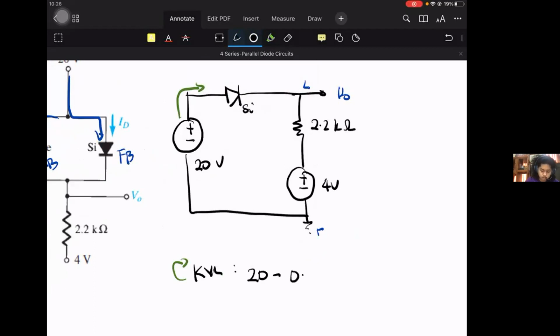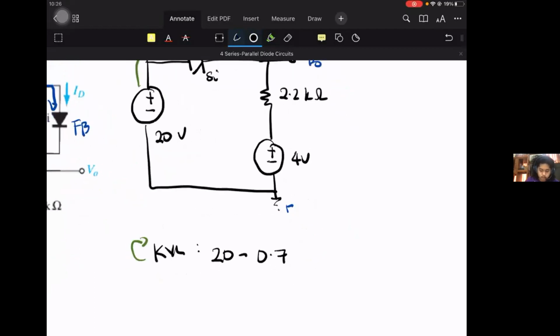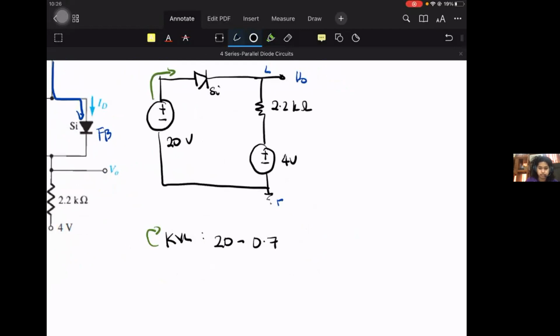Minus 20 minus 0.7. Yes, you can just go straight minus. But let's do it the earlier process. So minus I times 2.2K. What do you think, plus or minus 4 volts?